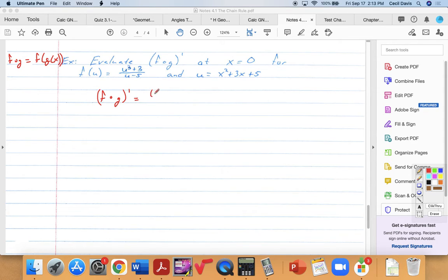So that's going to be u minus 5 times 3u squared minus u cubed plus 3 times 1, all over u minus 5 quantity squared, times the derivative of u with respect to x. So that'll be 2x plus 3.